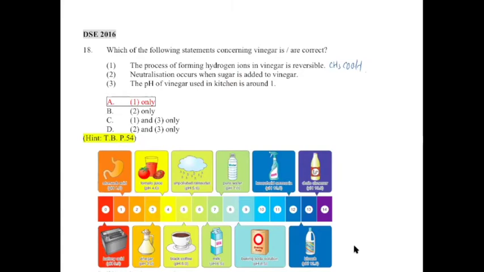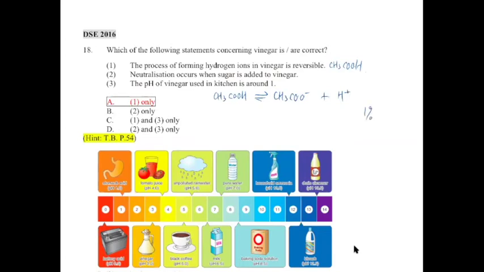And then the next one: the pH of vinegar used in the kitchen is around 1. So how do you know whether it's 1 or not? How can we work it out? For ethanoic acid, we say it will partially dissociate, then it will give this. Because it's a weak acid, we say it's about 1% complete.